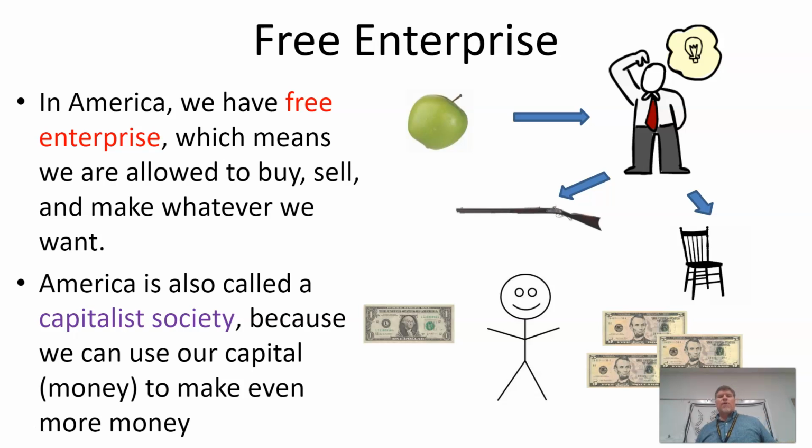And so free enterprise makes it possible to start a business and be innovative and bring about a lot of change, but at the same time, without a lot of regulation, a lot of rules. That's what regulations really are.